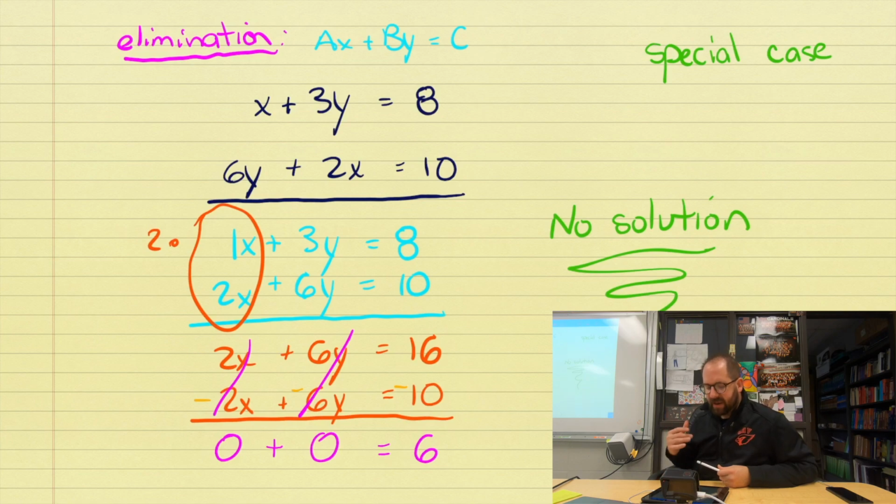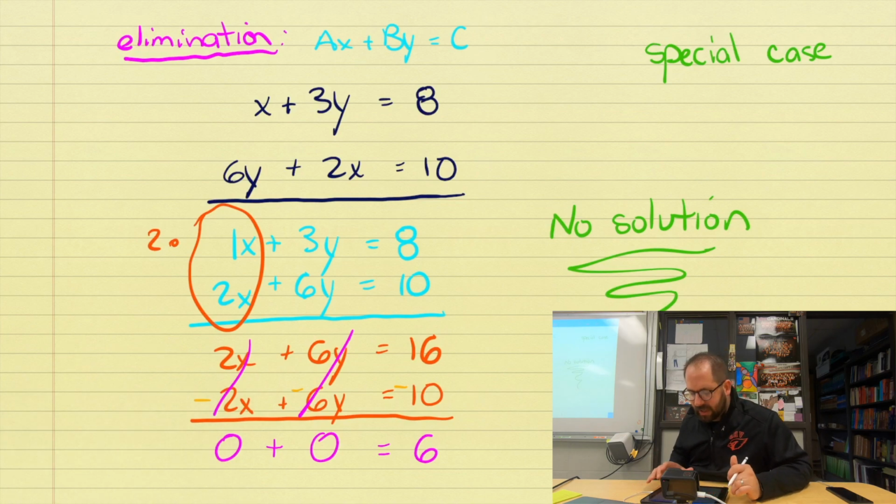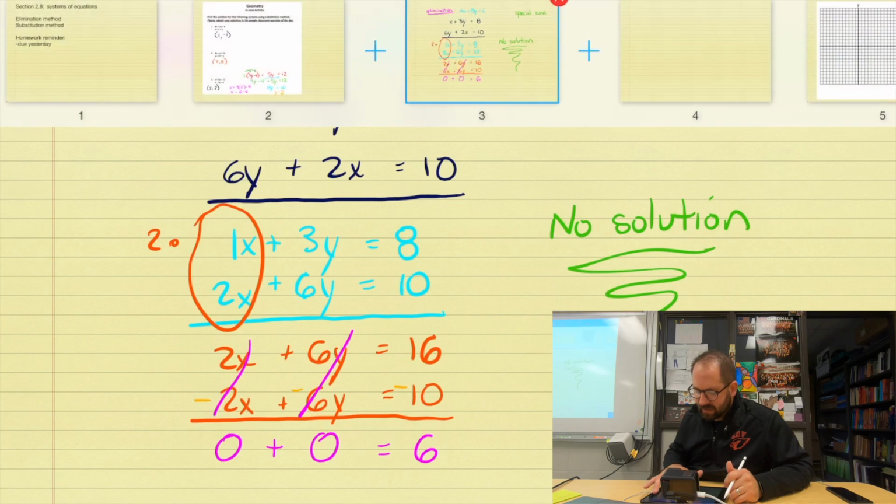There's a way to identify when it's going to be a no solution or not, but I want you to see this, right? This is a special case where there isn't an answer that works for both equations of the system. In fact, let's actually look at the drawing of this thing, just so you can see this.